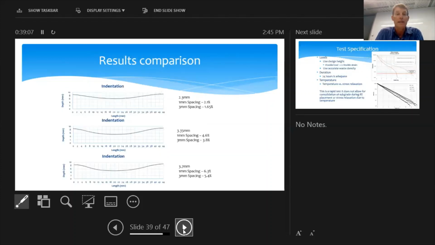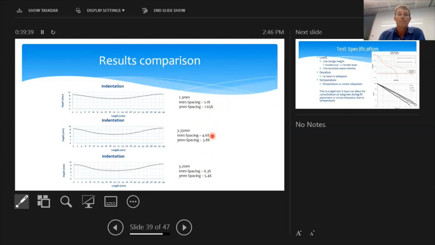And this gives you an indication of what we're talking about here: a simple indentation that has been measured using the 1 millimeter spacing versus the 3 millimeter spacing. If we go down to 2% strain using 1 millimeter spacing, you'll probably be measuring about a 0.5% difference in strain measurement. So the 1 millimeter spacing will result in slightly higher strain measurements.